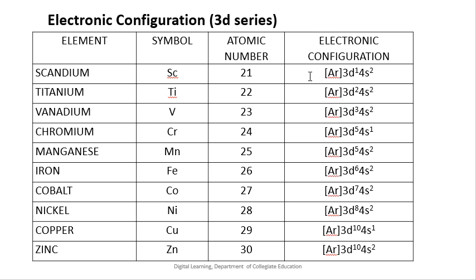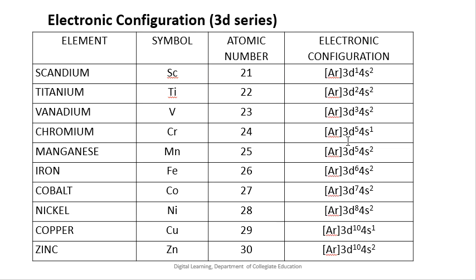So for scandium, the electronic configuration becomes argon 3d1 4s2. Titanium, with an atomic number of 22, has the configuration argon 3d2 4s2. Followed by vanadium, which has a configuration of argon 3d3 4s2.